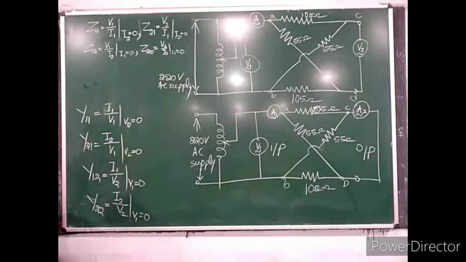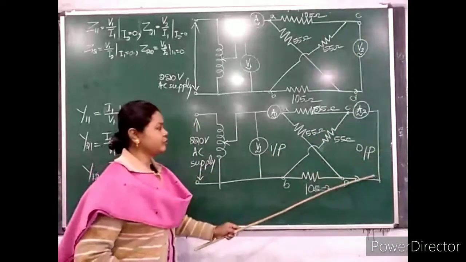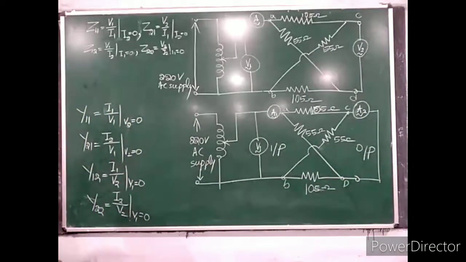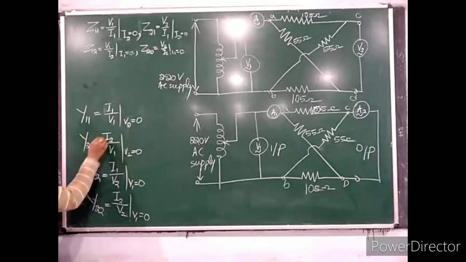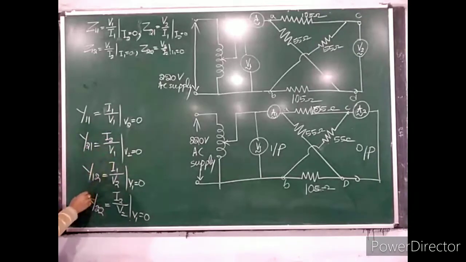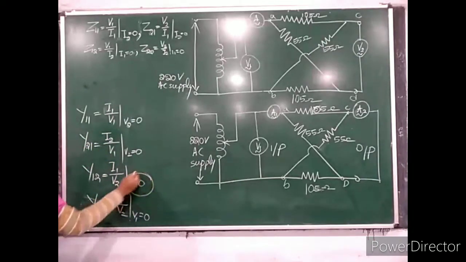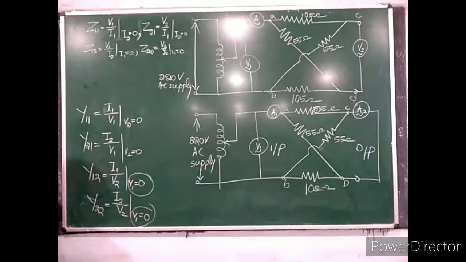When the output is short circuited, you get Y11 and Y21. Y11 is I1 by V1, Y21 is I2 by V1. When the input port is short circuited, you get Y12 and Y22. Y12 is I1 by V2 and Y22 is I2 by V2.